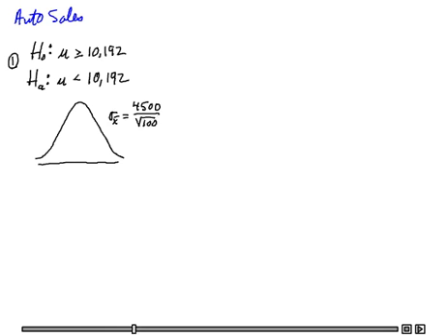Our sample was 100, so we get a standard error of 450. We're going to assume that the null hypothesis is correct for now and say that the population average is the 10,192. Our sample average at 9,300 is evidence that the population average might be less than that 10,192.